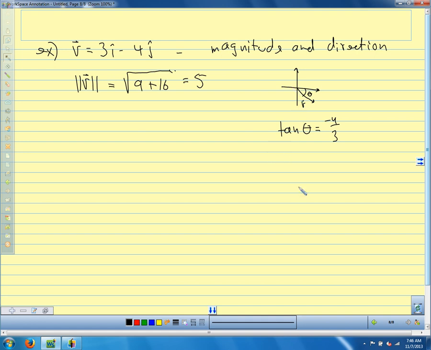So we say that theta, like Ryan suggested, is the inverse tangent of -4/3, and this is about negative 53.13 degrees. So we'd say this vector has a magnitude of 5, and its direction is 53.13 degrees below the x-axis.